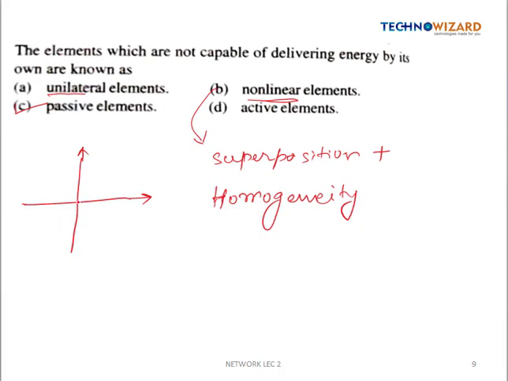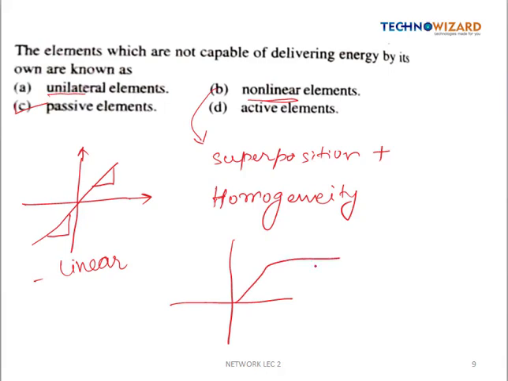If there is the same slope throughout, for example in this graph, it will be called linear because it has the same slope. But if the slope changes at any point, then it will be called non-linear because its slope is not constant. Here the slope is different, and here the slope is different, here the slope is 0. So now the slope has changed, so it will be called non-linear.